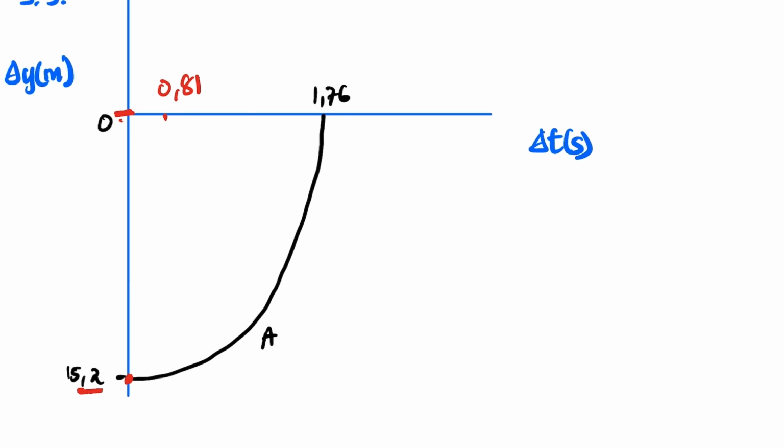If you still remember, it starts 0.81 seconds later, and it moves up, and it reaches the ground at the same time, like this. It reaches the ground at the same time there at 1.76, but it started later at 0.81. Our graph will be like that, guys.